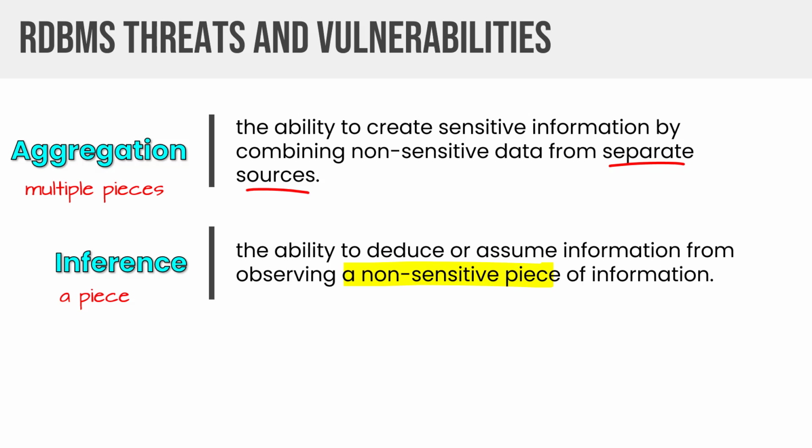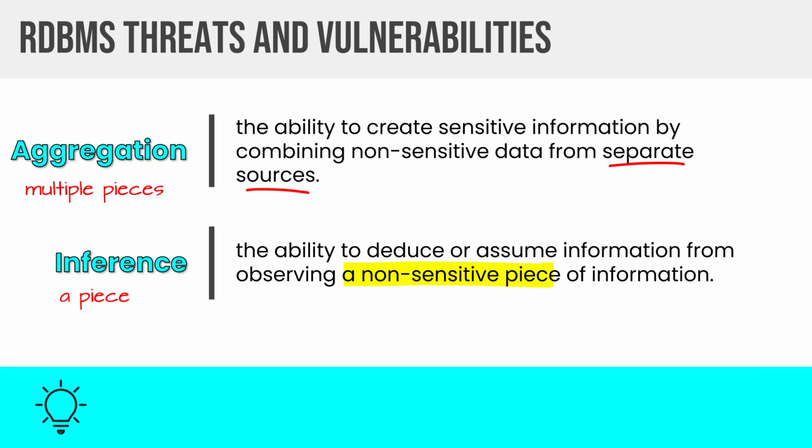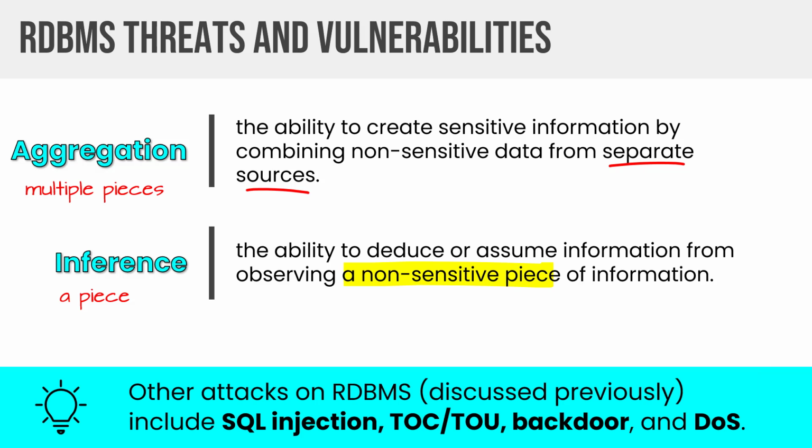So these are certainly not the only two attacks a relational database management system is susceptible to, but they were given a special call out in the official CISSP study guide, so I wanted to bring your attention to those. RDBMS would be susceptible to other attacks like SQL injection, time of check, time of use, backdoor, denial of service, a wide variety that we've discussed earlier in the series for sure.